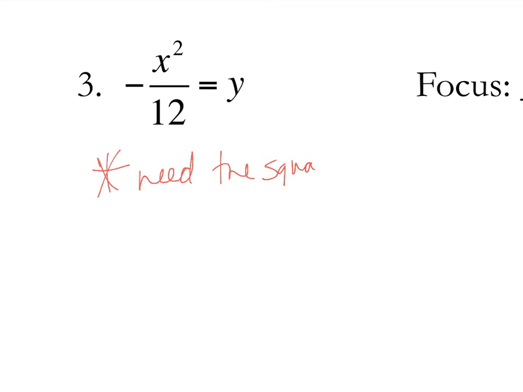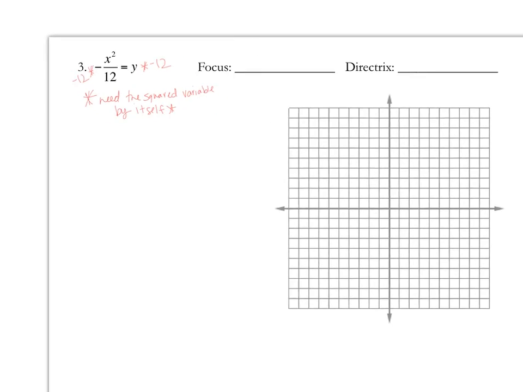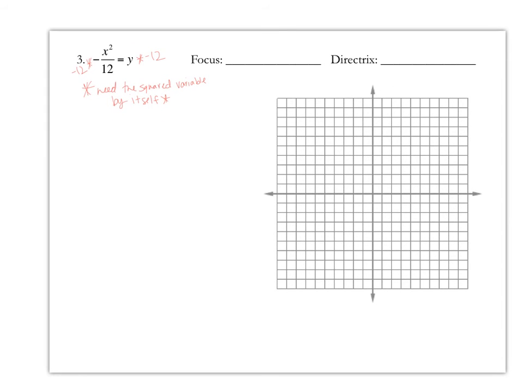The 4p is supposed to be over on the other side. So that means I'm going to have to multiply by -12 to the other side to solve this one out. So that's going to give me x squared equals -12y.